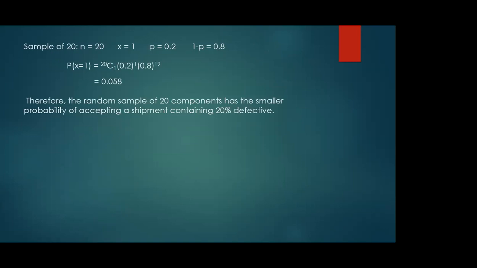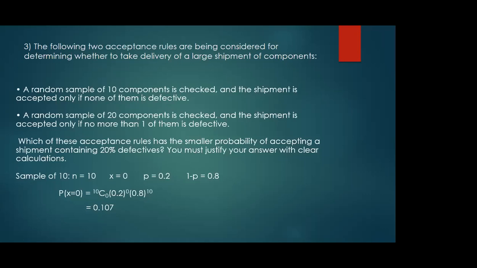So now we have a sample of 20, where n is equal to 20, and x is equal to 1, because remember the question said that a random sample of 20 components is checked and the shipment is accepted only if no more than one of them is defective.